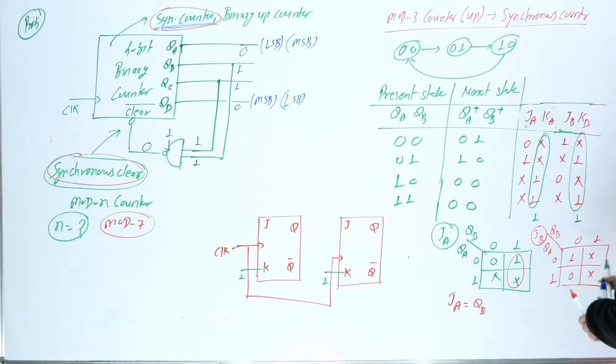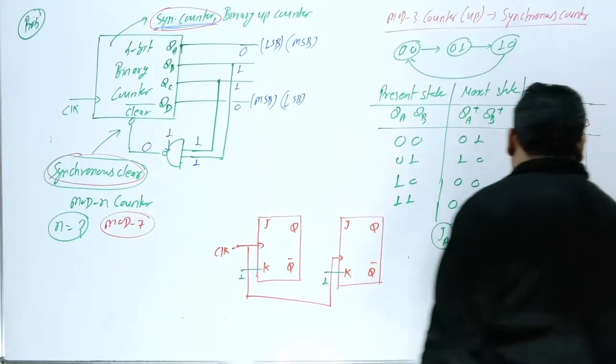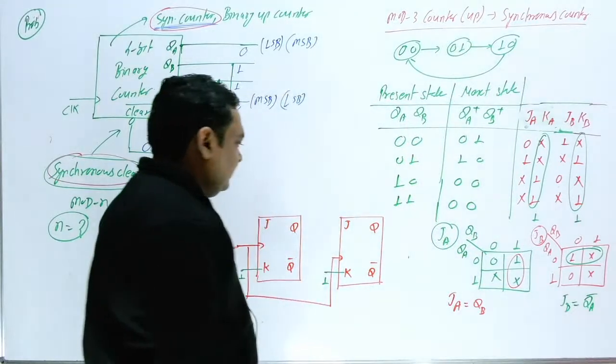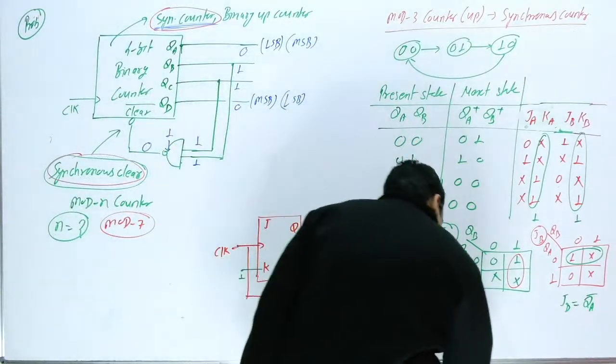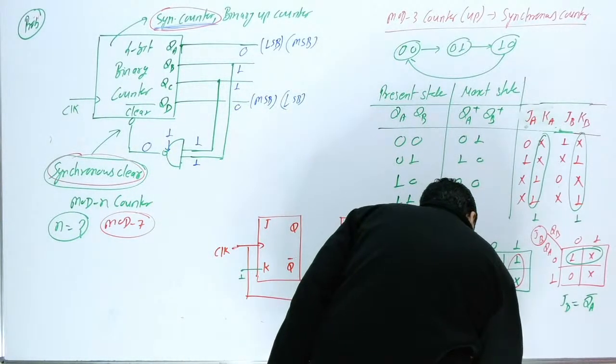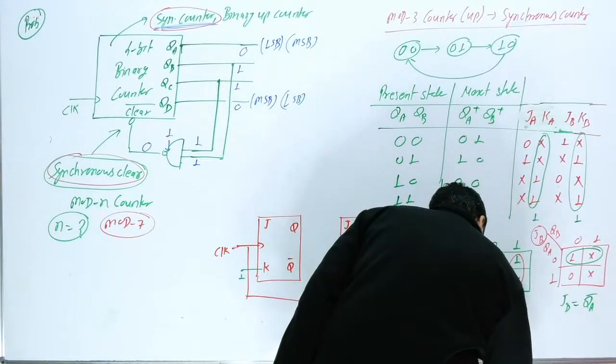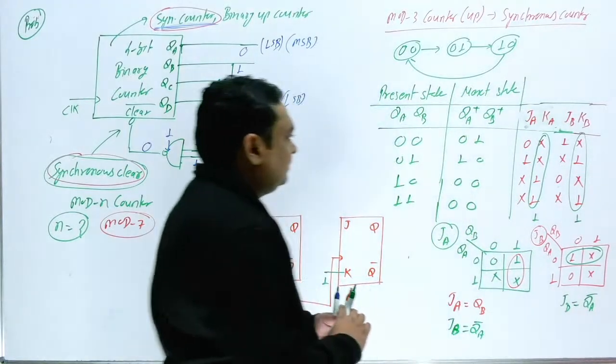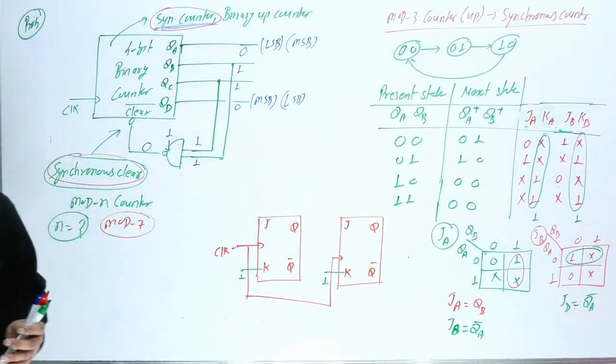You can form this group, and this value is nothing but QA bar. So JB is equal to QA bar. Okay, I think you can check the calculation.